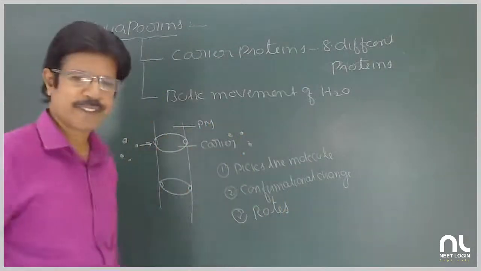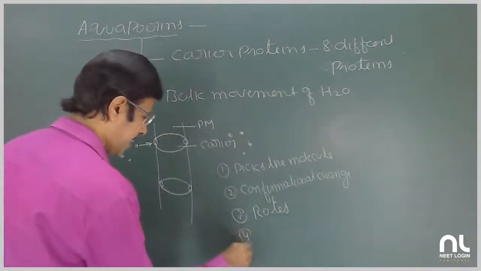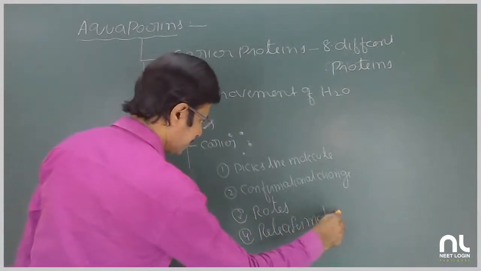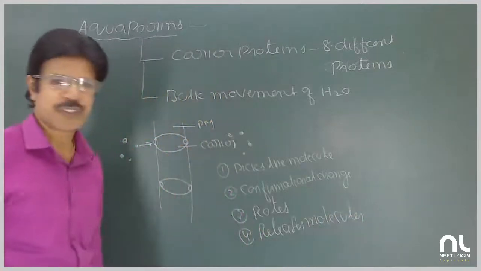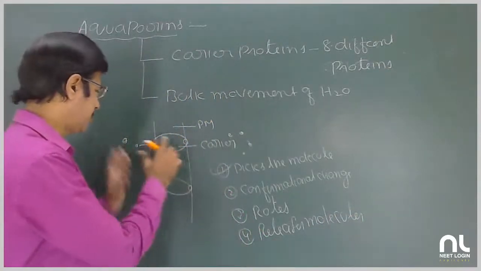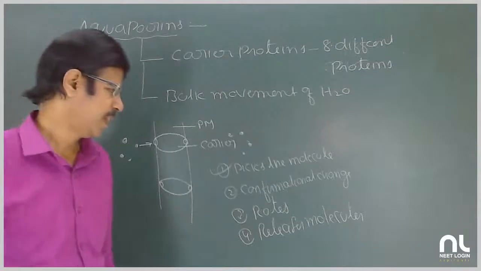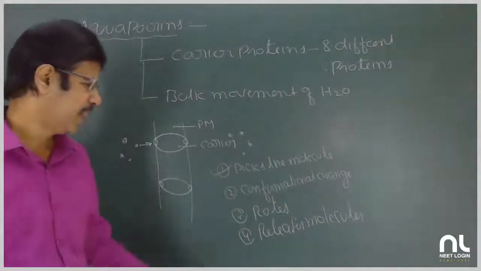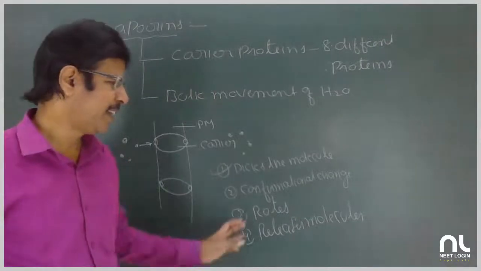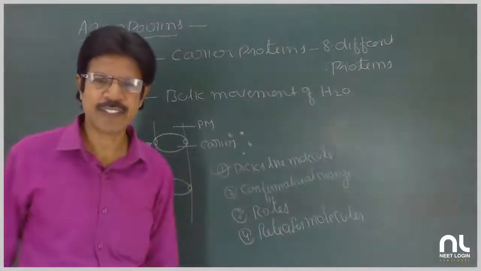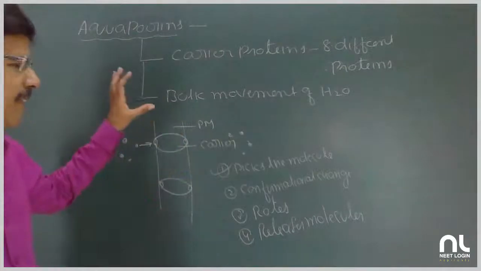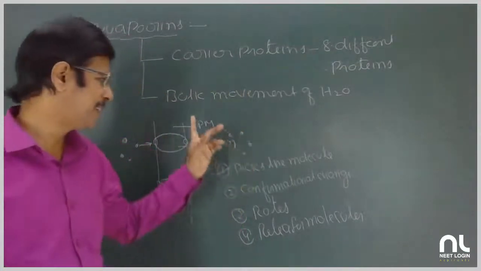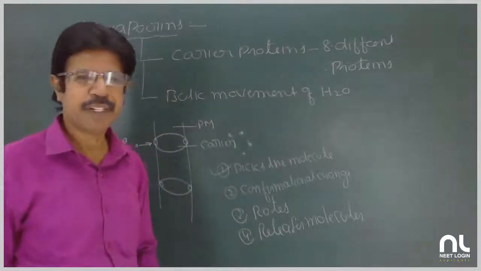It rotates, then releases the molecules. So first it picks up the molecule and there is some conformational change in the carrier protein, then it rotates, then releases these molecules inside. So the carrier proteins carry the substances across the plasma membrane.